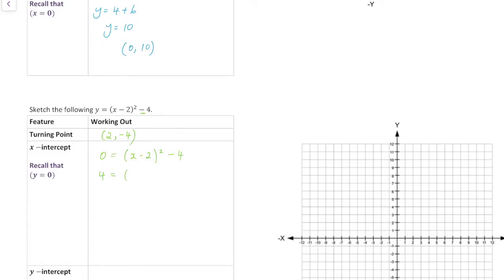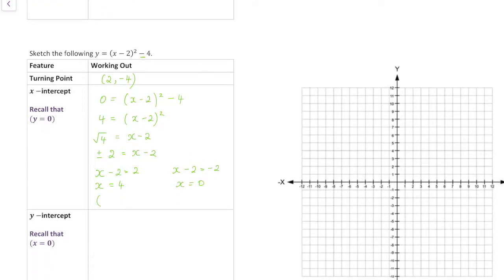Taking the negative 4 to the other side, I'm going to have that square root of 4 equals x minus 2. So that's going to give me plus or minus 2 equals x minus 2. So x minus 2 can equal positive 2, or x minus 2 can equal negative 2. Now solving for x, I'm going to get x equals 4 or x equals 0.